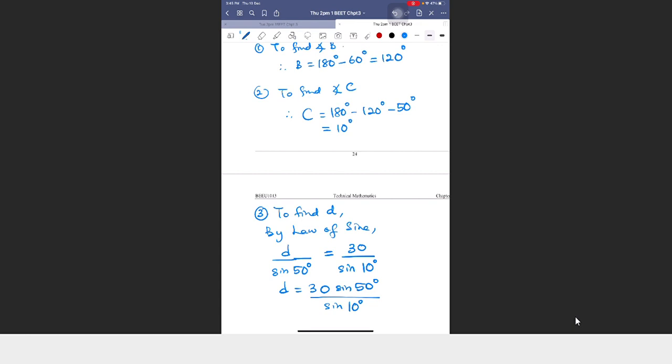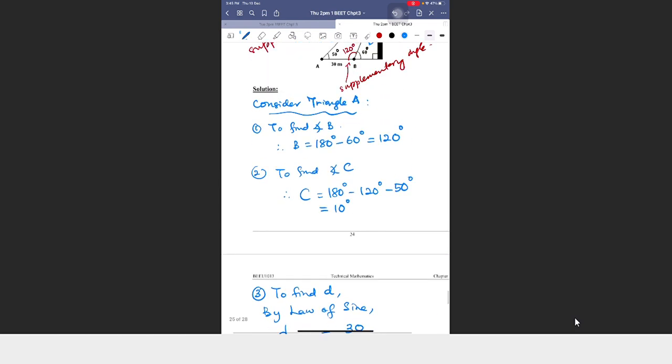If you use your calculator, you get 132.34, etc. I just round it to the nearest length, which is 132 meters. That is D.